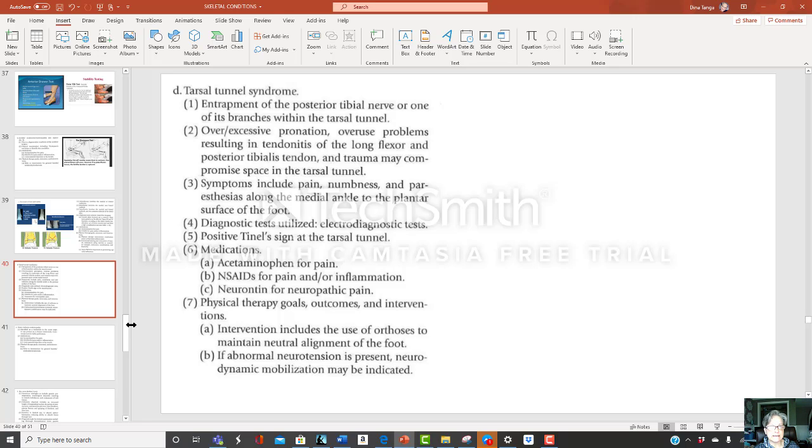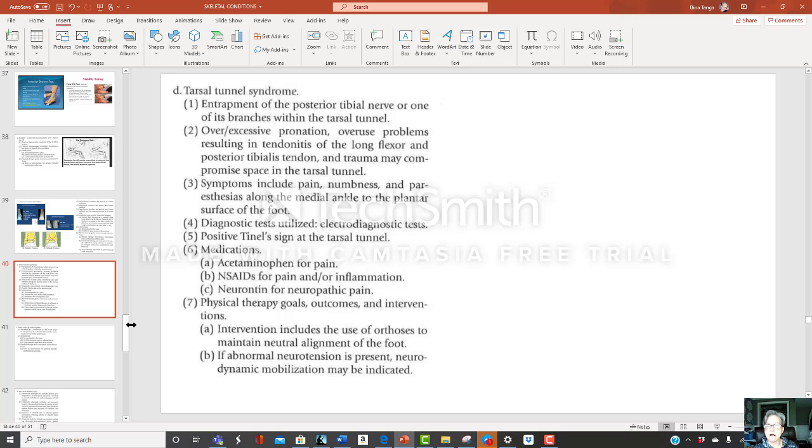Symptoms include pain, numbness, and paresthesia along the medial ankle to the plantar surface of the foot. Diagnostic tests utilized: electrodiagnostic tests, positive Tinel sign at the tarsal tunnel. Medications: acetaminophen for pain, NSAIDs for pain and/or inflammation, Neurontin for neuropathic pain.